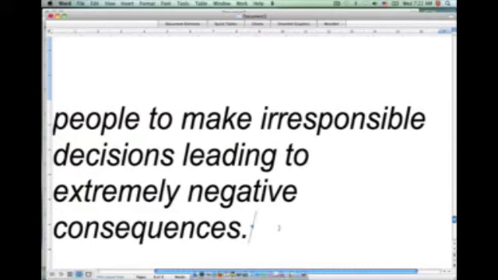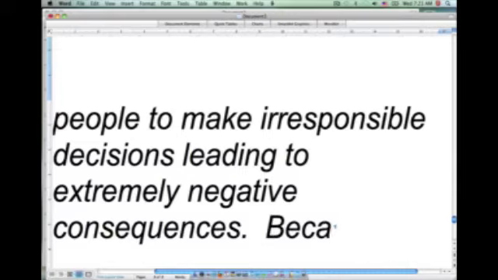consequences. Okay, so we've shown how our example proves the idea that the conforming of ideas, or the conformed frame of mind, can be a negative thing and lead to things that are not beneficial. Okay, so now we want to link back to our thesis again. This time we're showing how conformity is a negative thing.